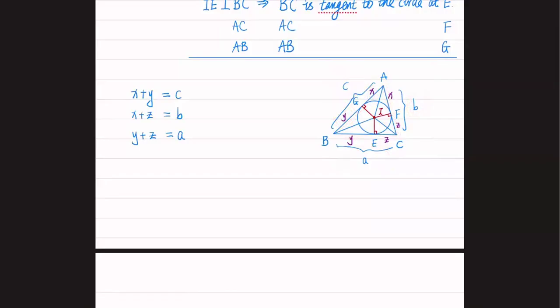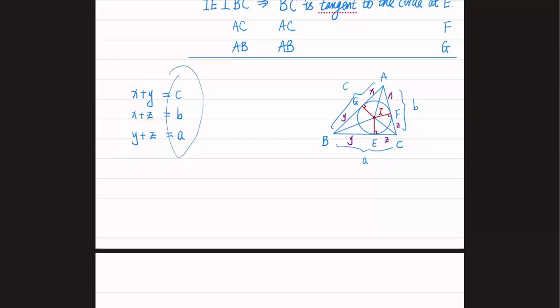Okay, so we have three equations about the three unknowns x, y, z. Let's recall how we found them last time. You had to be given a number for c, b, and a. So these are the parameters, the three sides.